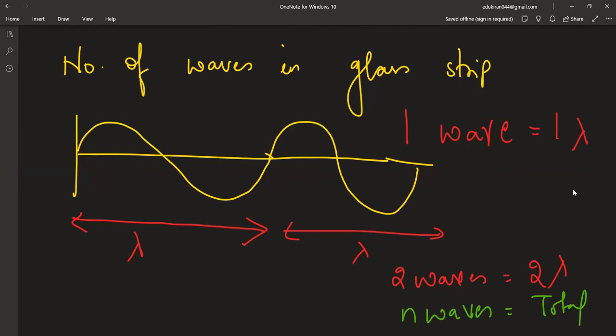Can you scroll up? Can you scroll up? Can you scroll up?